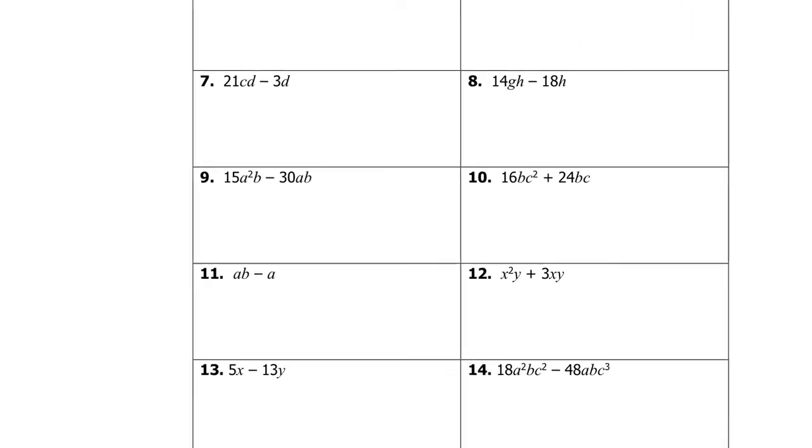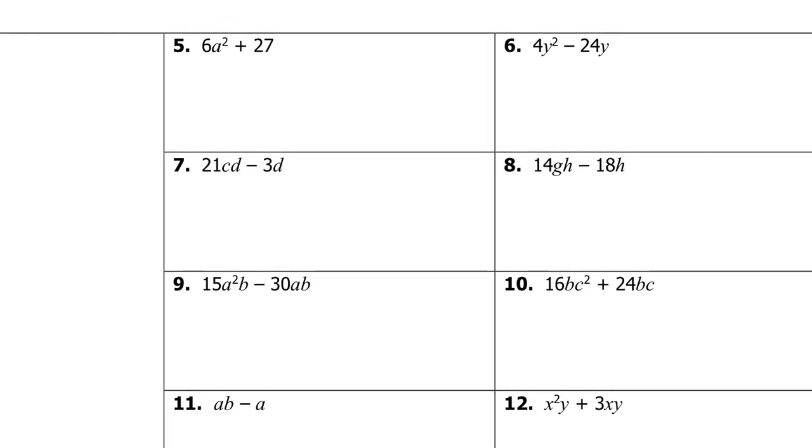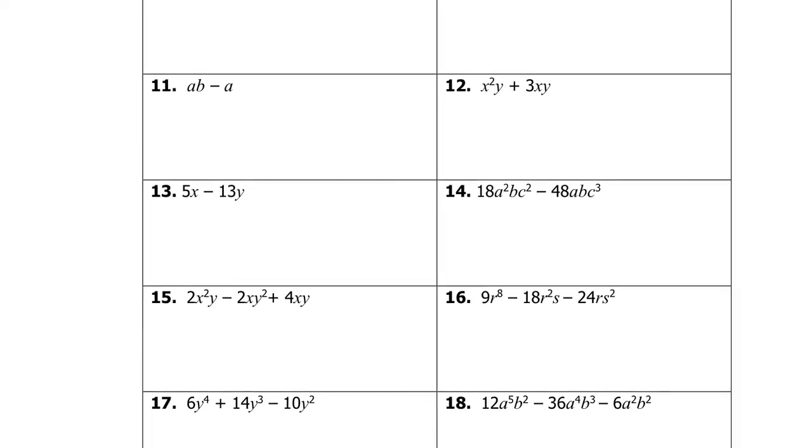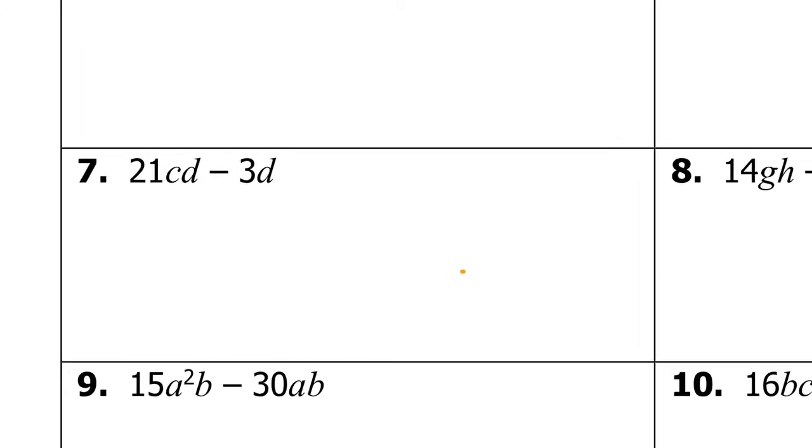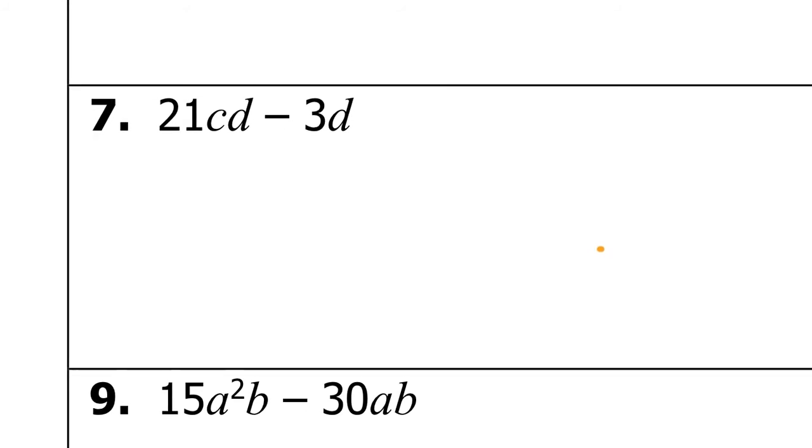If we take a look on the back of your notes, all of these are pretty simple, pretty basic, but let's do number 7. To find the greatest common factor, I would start by doing exactly what we did on the front. I would look at my coefficients, 21 and 3. I could factor 21 into 3 times 7, and that's about it.